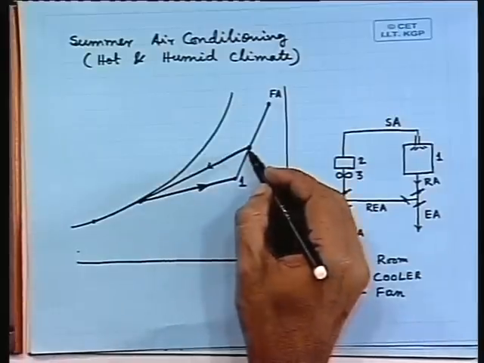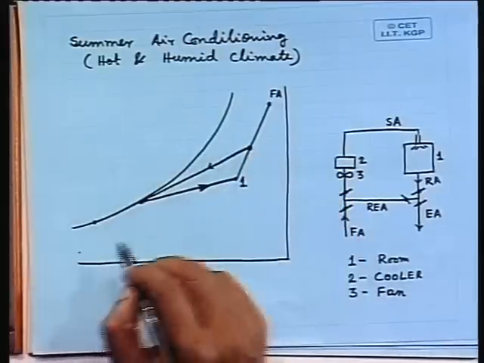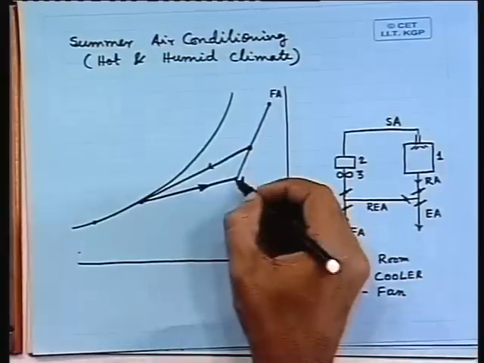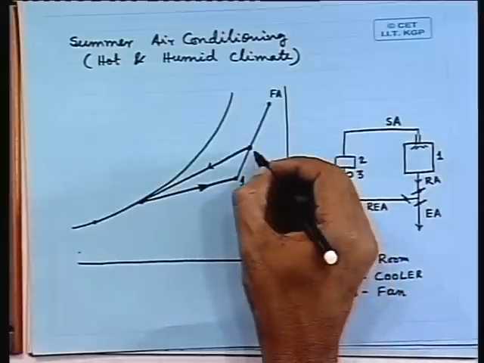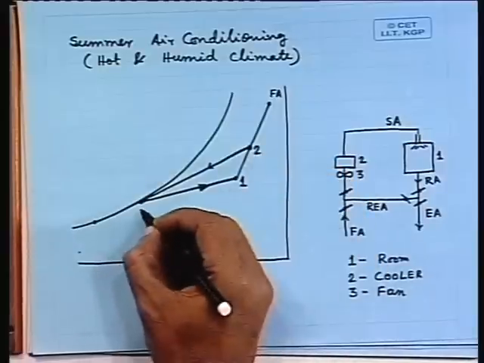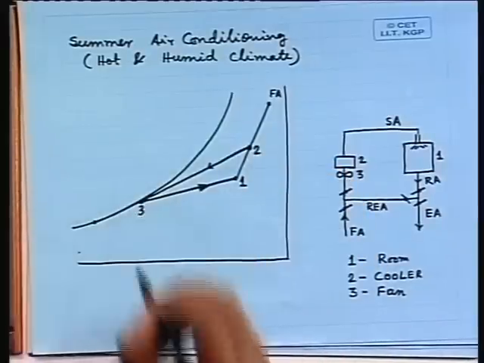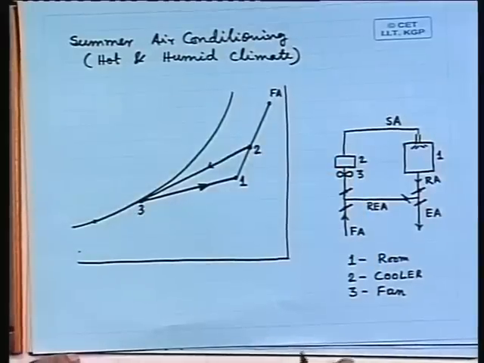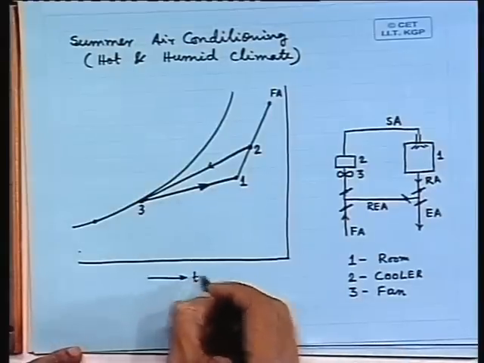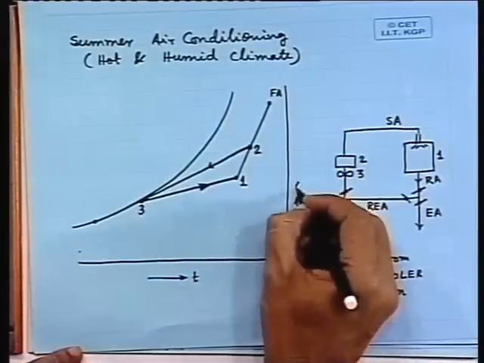Let us say this is 2 and let us say this is 3. For this diagram, let us say this is temperature T and omega.